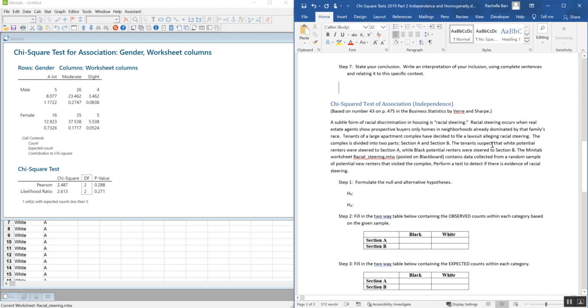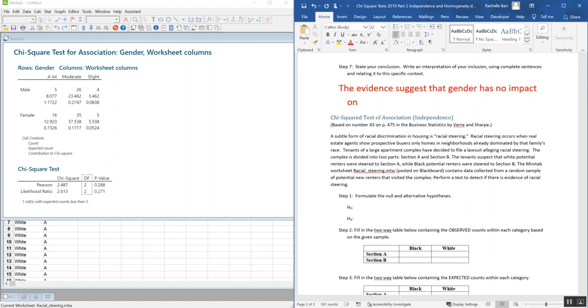And the answer is no. The evidence suggests that gender has no impact on someone's activity level. Another way you could state this is that there is no difference in the activity levels of different genders.